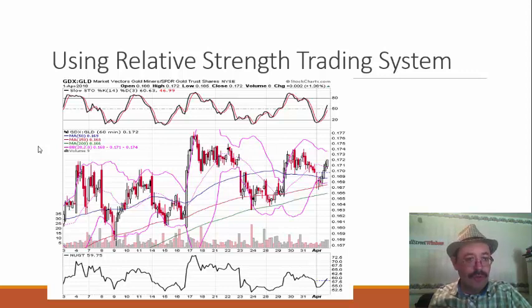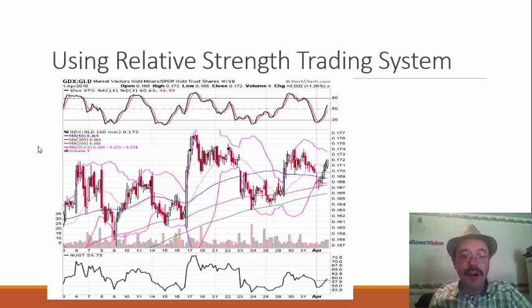If you use the GDX divided by gold ratio, that ratio gives fewer buy and sell signals than the simple ETF does, and this ratio actually tends to be an early sign that a rally is about to come for mining stocks and gold. So this is a pretty decent way if you're interested in day trading using these ETFs.